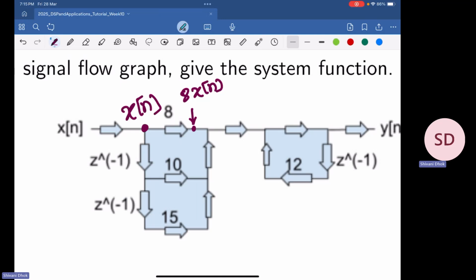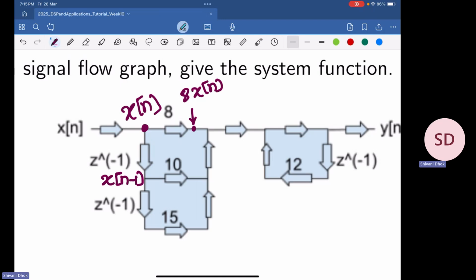Okay. Now this x of n was also carried forward here. So here also we have an x of n, but now that x of n is getting multiplied by z inverse. So at this particular junction, you will get x of n minus 1.